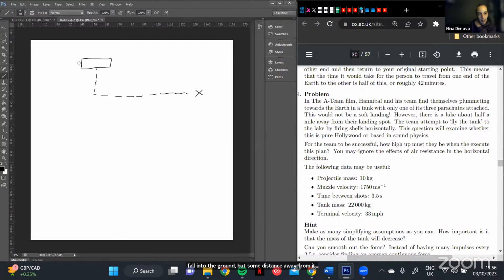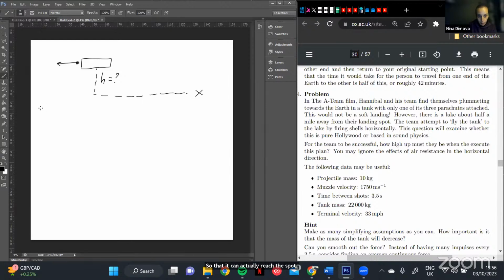So what the people on the tank decide to do is to fire shells horizontally away from the tank so that by Newton 3, they can push the tank towards the landing spot. The question is how high in the air, let's call this H, must the tank be so that it can actually reach the spot.